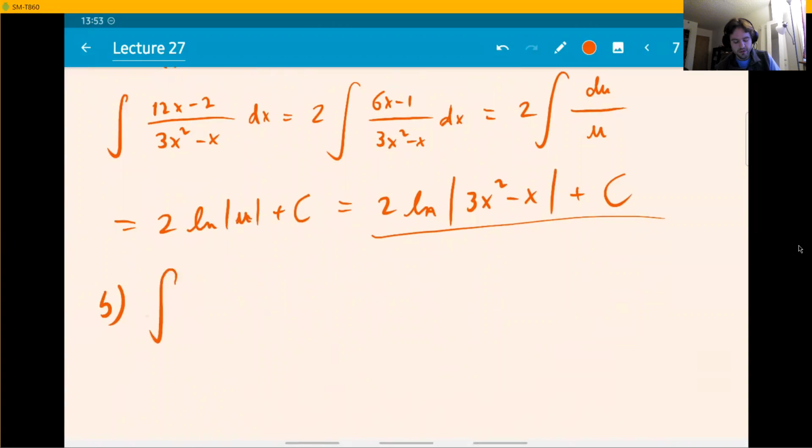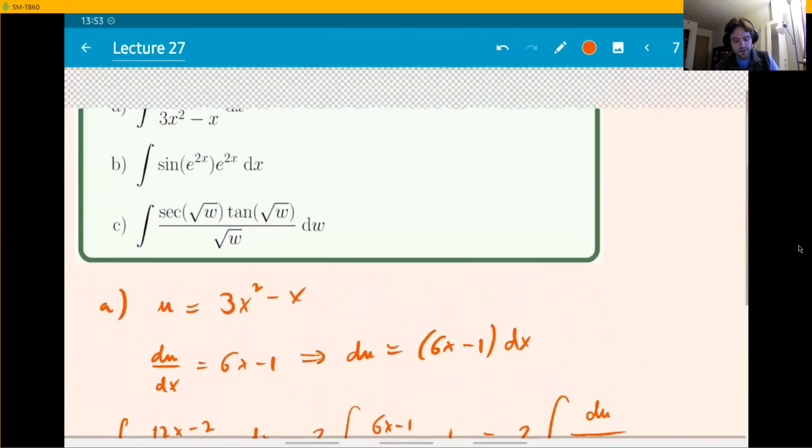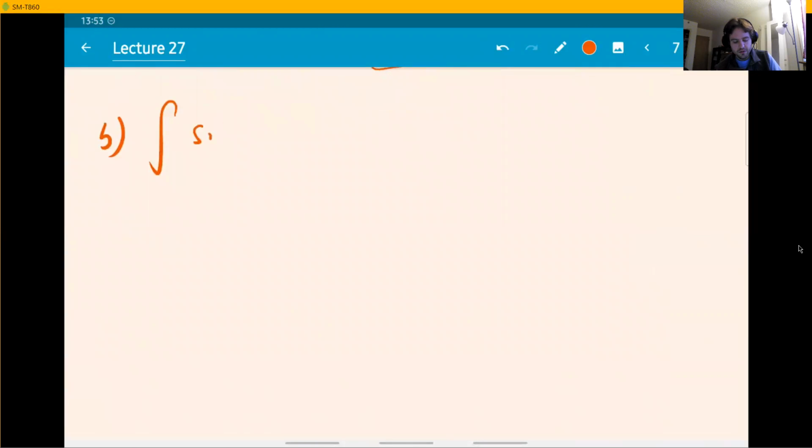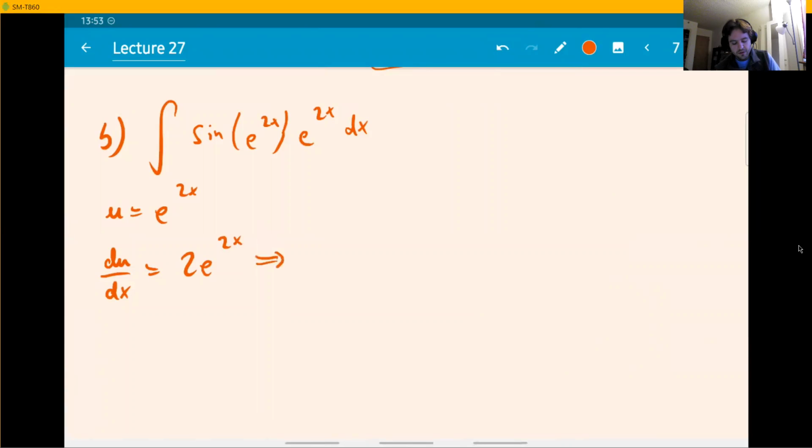So I'm going to copy down the integral here, sine of e to the 2x times e to the 2x dx. If u equals e to the 2x, du dx is 2 times e to the 2x. So you have the expression of du in terms of dx.